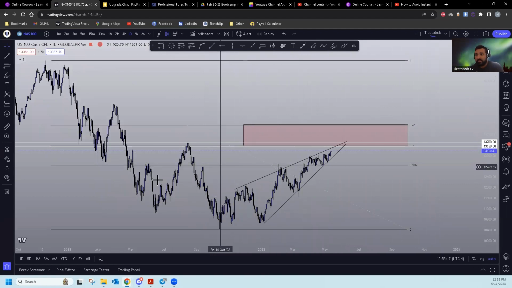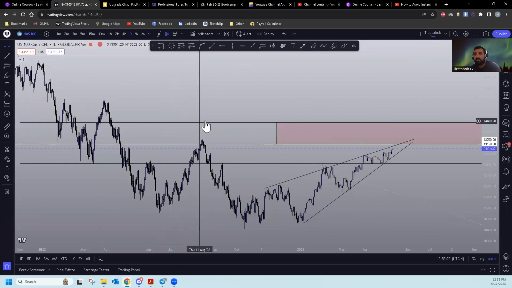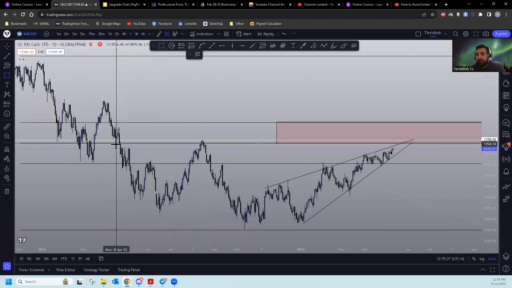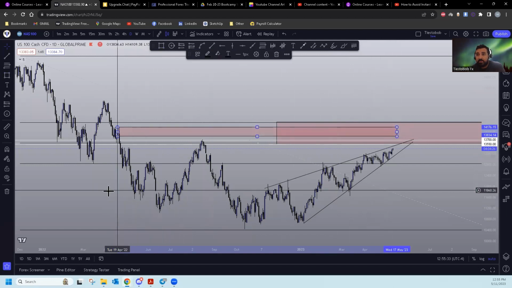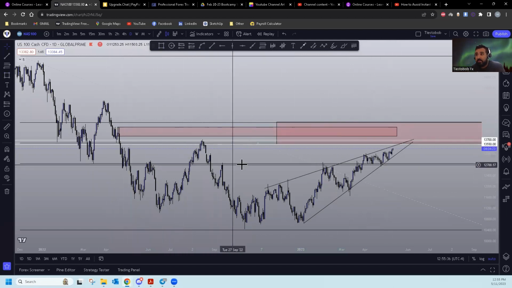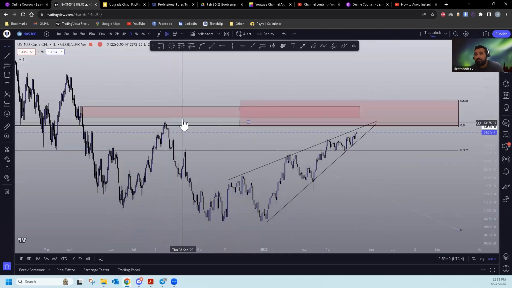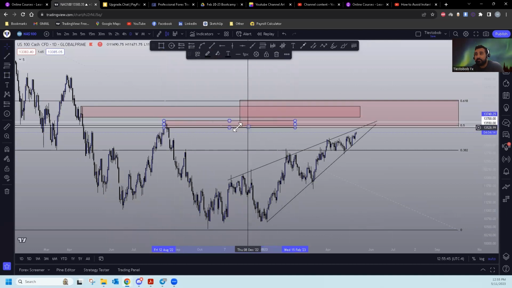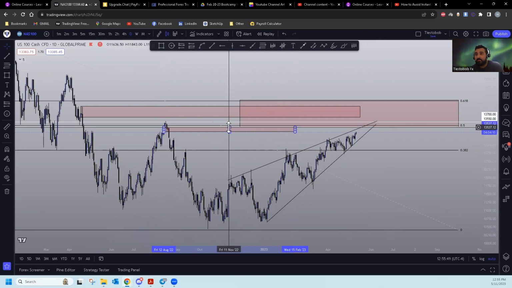So in this area, what else can we see that would give us further confluence, right? Over here, if you notice, there is a bearish order block. Right over here, there's a bearish order block, further compounded with the fact that there's another bearish order block over here. That's the one.